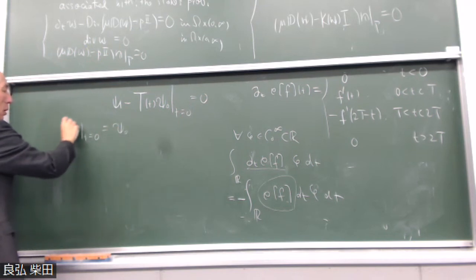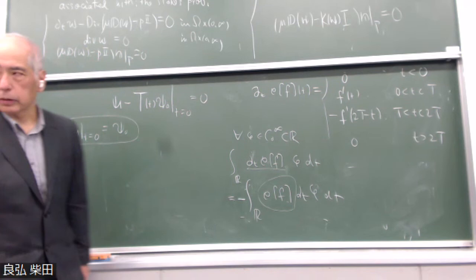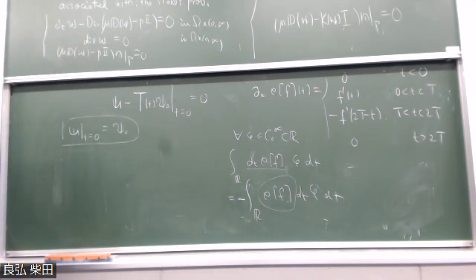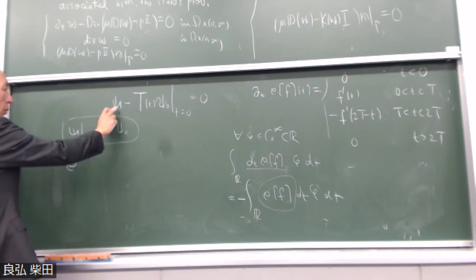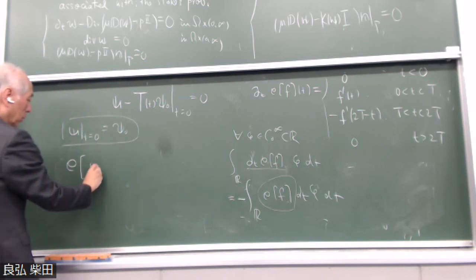Right? This is the assumption for U. So this satisfies. Therefore, you apply this extension for this one.